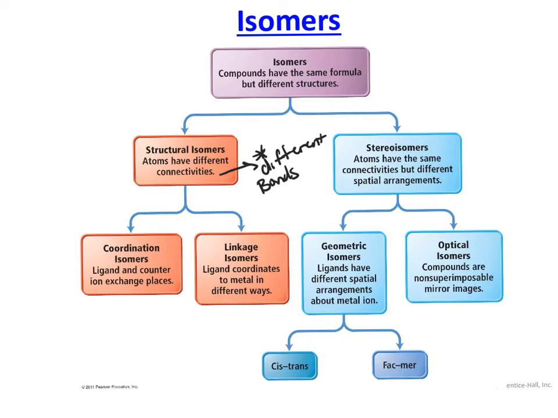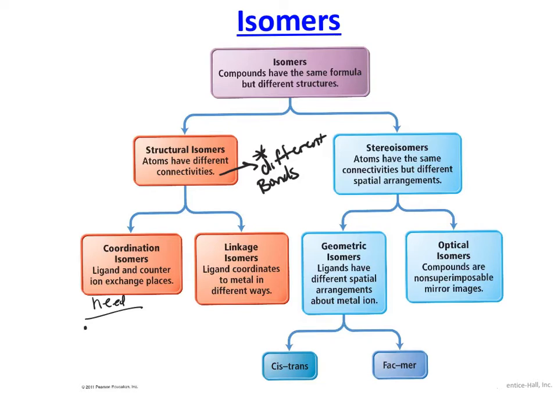So in order to have coordination isomers, we need a ligand and a counter ion that can change places. So when can that happen?